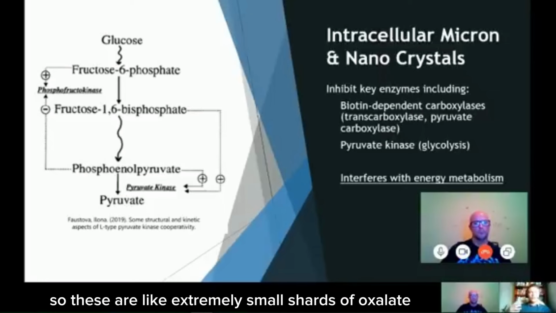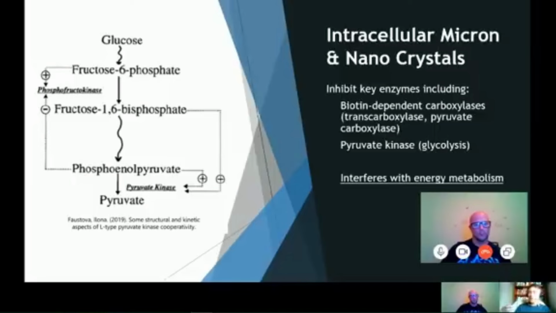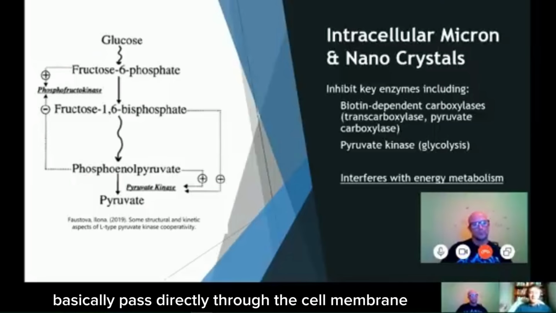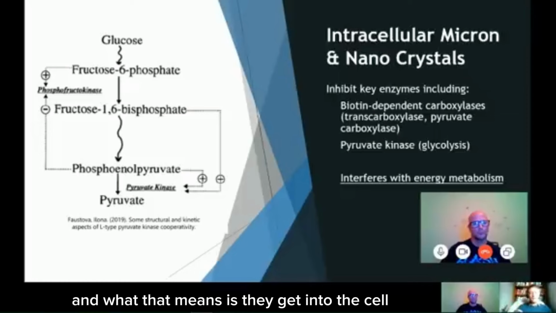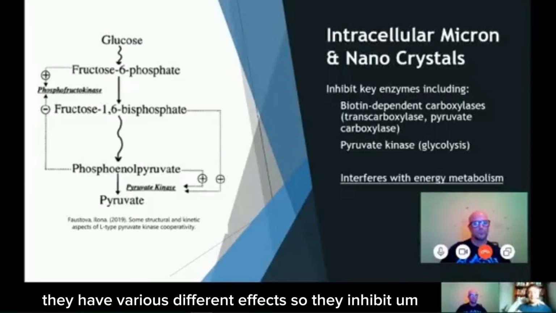These are extremely small shards of oxalate, and because they're so small, they can basically pass directly through the cell membrane. And what that means is they get into the cell, and when they get into the cell, they have various different effects.